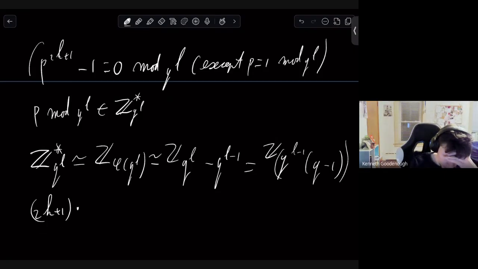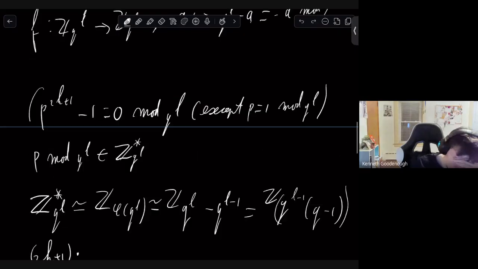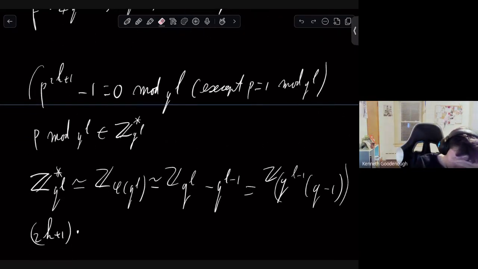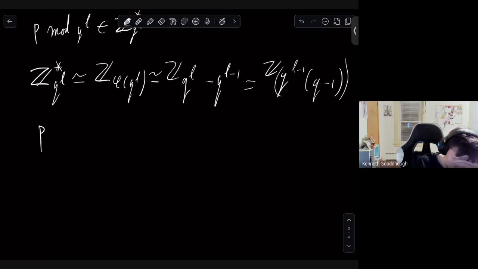And so we can phrase that really in terms of multiples. Let's be very careful, because this is something that has been confusing me a little bit.